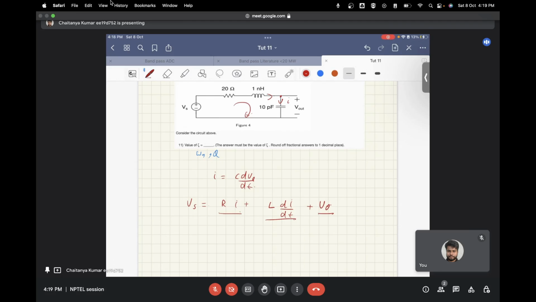Now, substituting the value of I, you get RC dV naught by dt plus LC d square V naught by dt square plus V naught is equal to Vs.